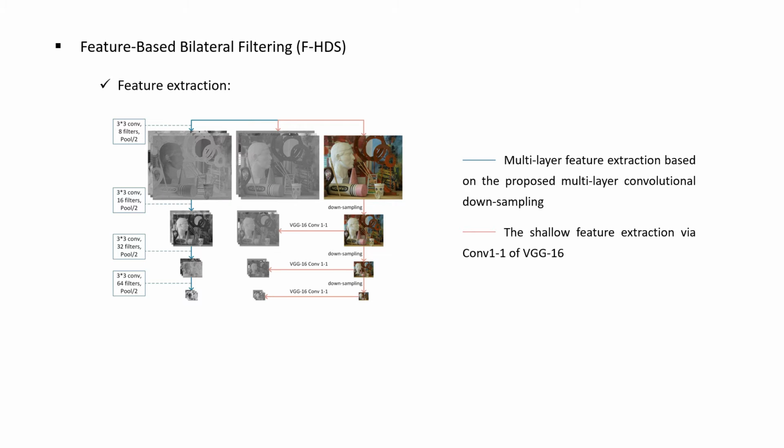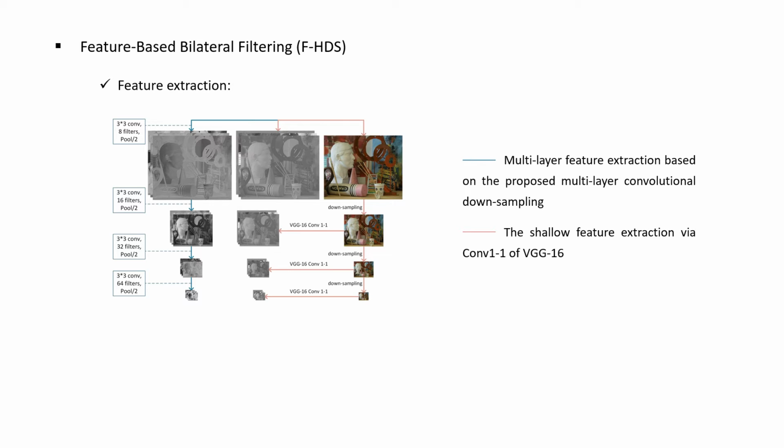To improve the quality of the upsampled depth maps, a convolutional downsampling together with the VGG16 network is used to extract rich features. This figure shows the feature extraction process under a 16 times super resolution scale.